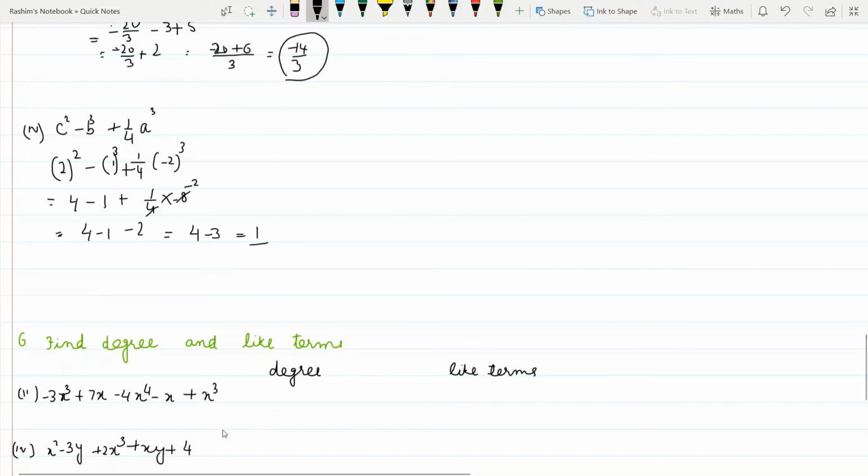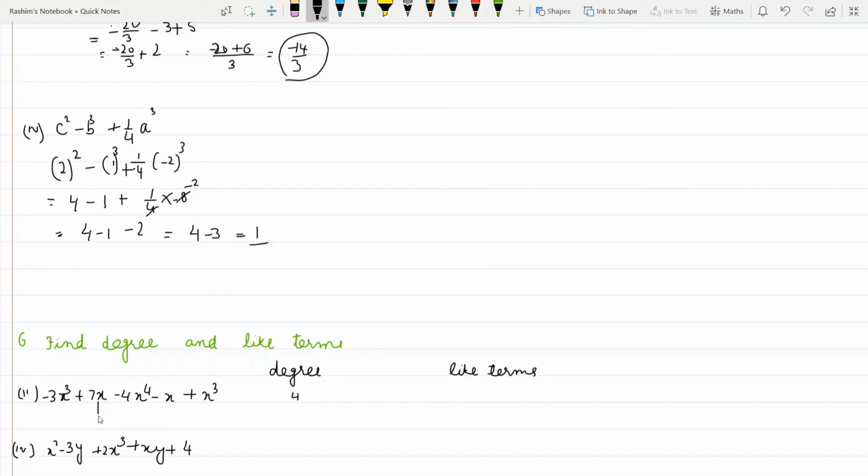Now, the next question is to find the degree and like terms. If you see this expression, minus 3x cube plus 7x minus 4x4 minus x plus x cube, here we can see the powers 3, 1, 4, 1, 3. So the maximum power is 4 here, so we write degree is 4. Now the next thing is like terms. Like terms means the terms which have the same literal coefficient.